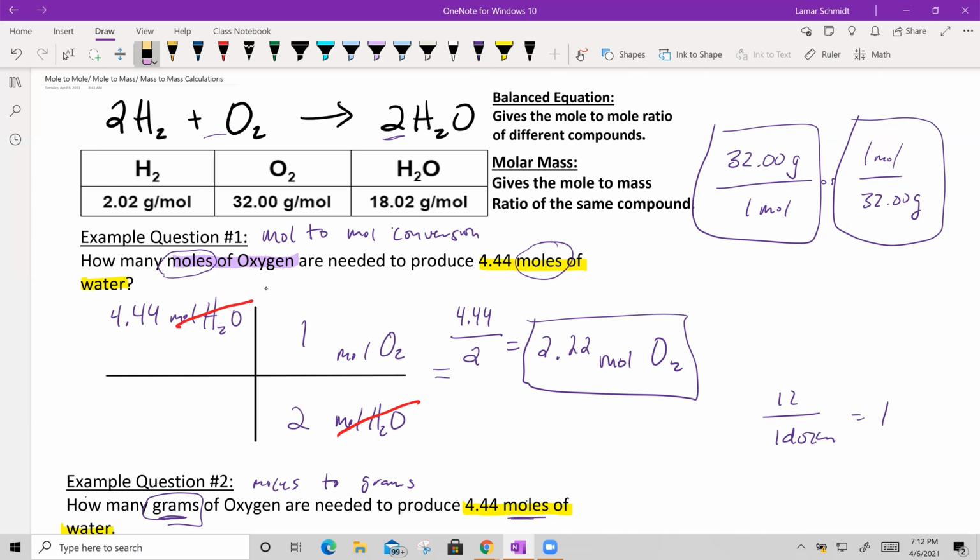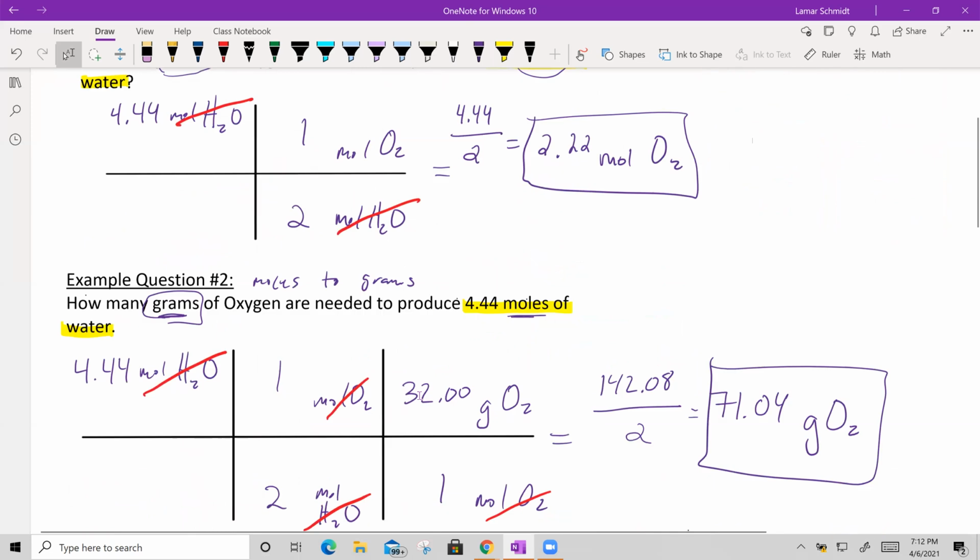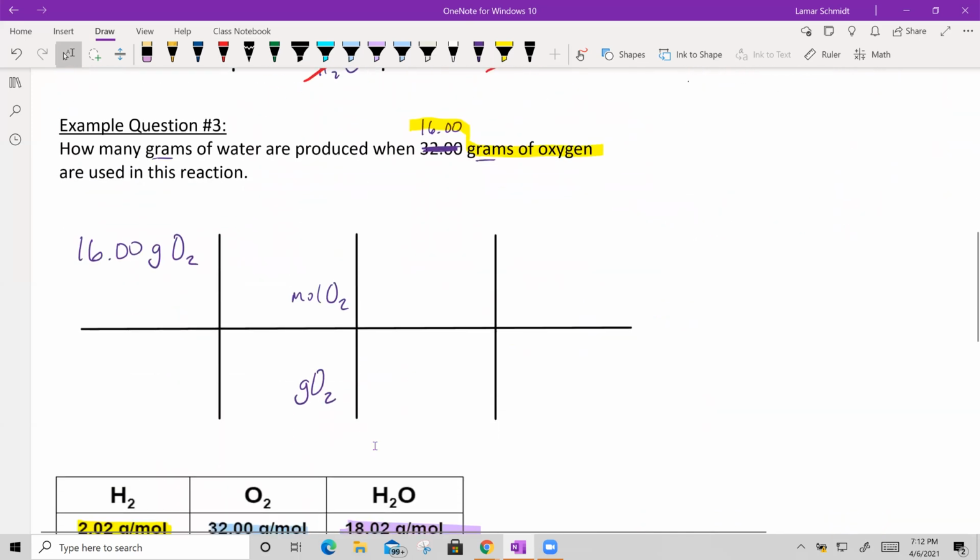But when you're putting them in these conversions, they have to be the correct orientation, meaning 32 always, notice this, 32 is always with the unit gram, no matter what. So make sure if you have the unit gram in the bottom that you have the number 32 with it. All right, as long as we're talking about oxygen. So 32 grams is equal to 1 mole.